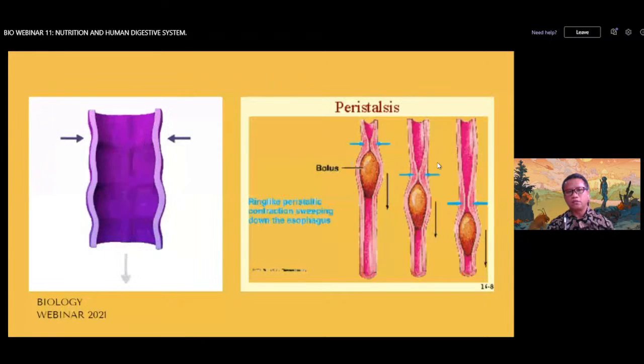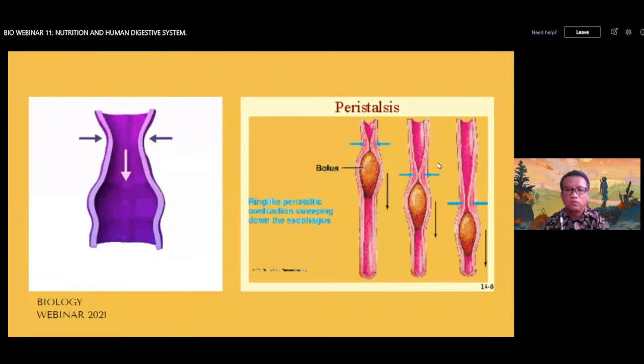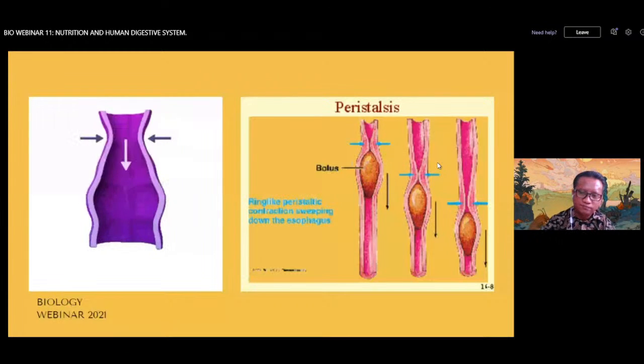By using our understanding, the food is moving down not by gravity. If I turn you upside down, your food will still go to the stomach without any problem. Right, next slide.